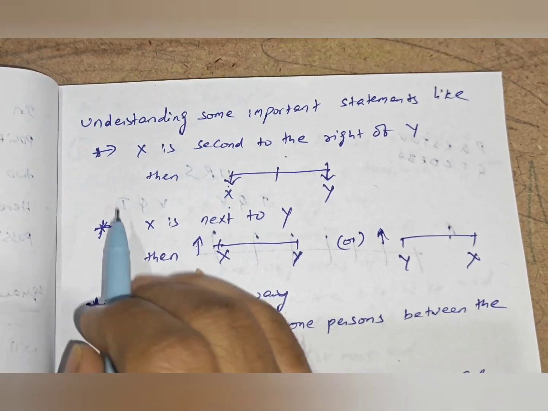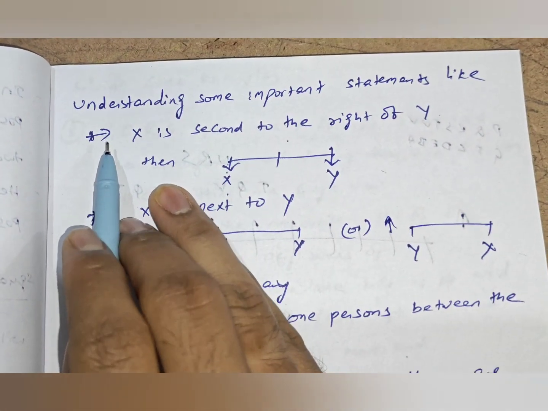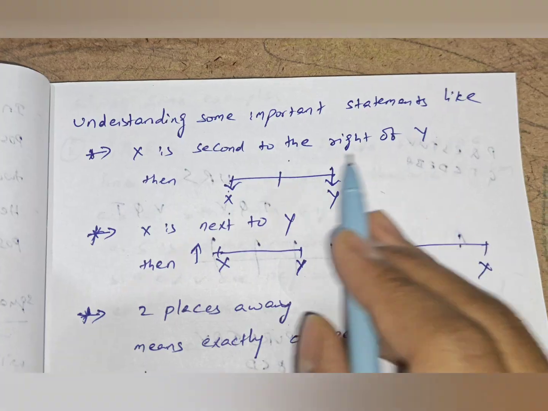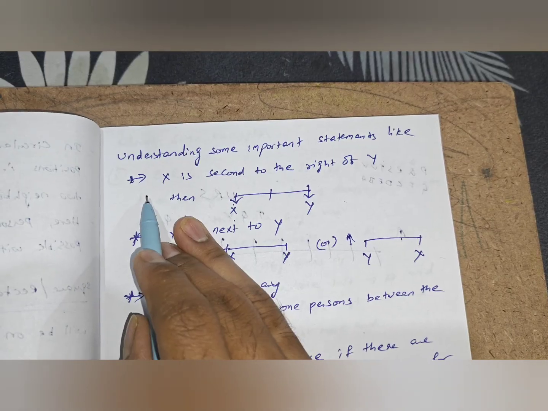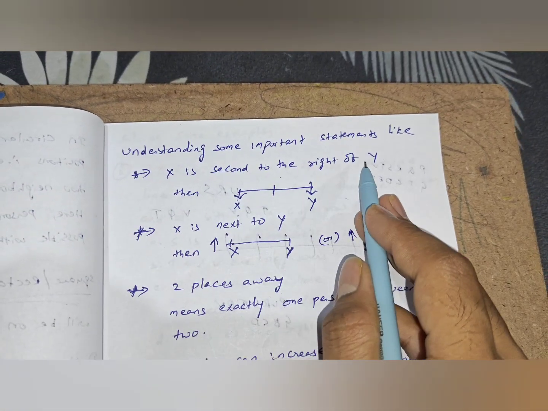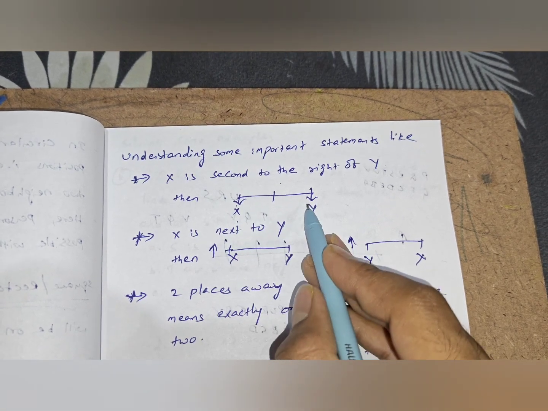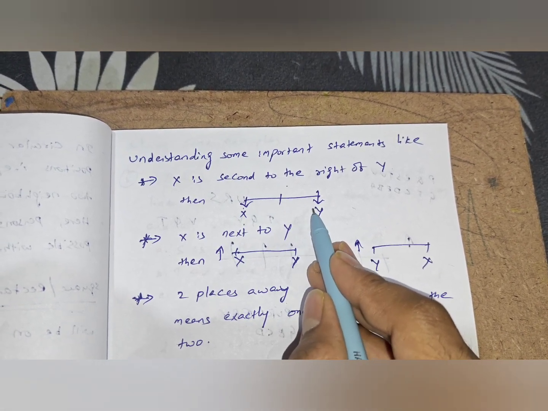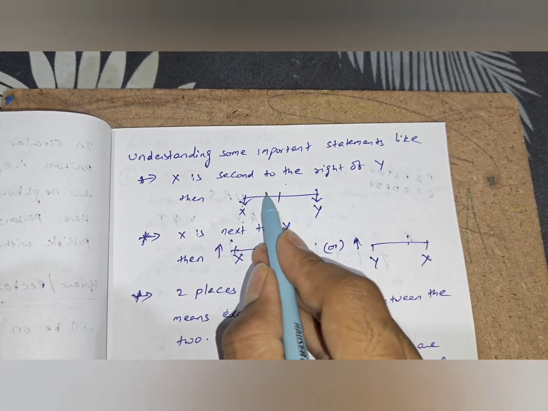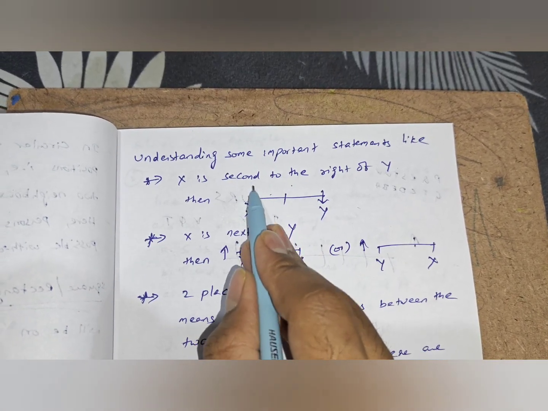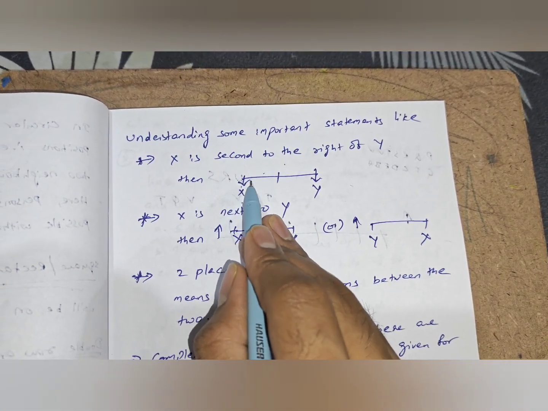Before going into the problem solving, let us understand some of these important facts with some minimal examples. X is second to the right of Y. So for example, both X and Y are facing towards this side, and from Y, X is towards his right, so towards this is the right side of Y, and second position, first and second position.